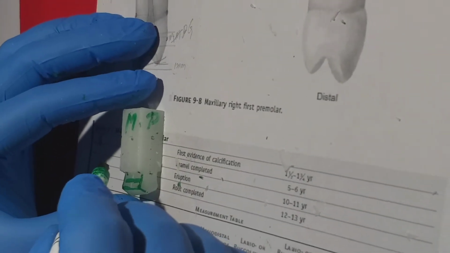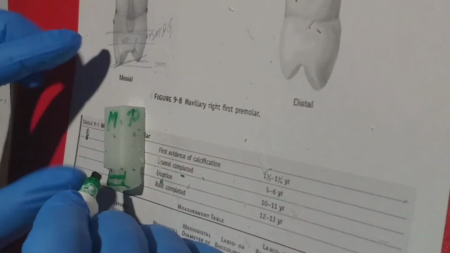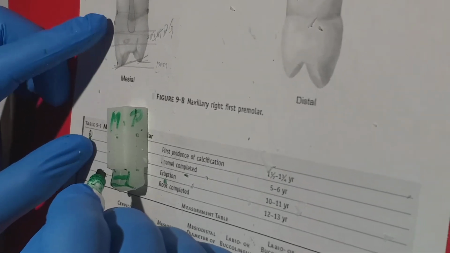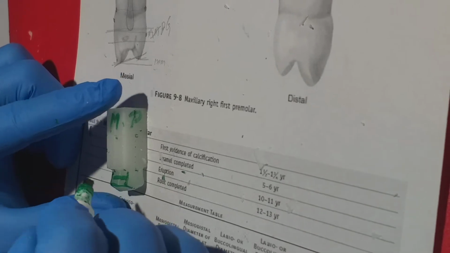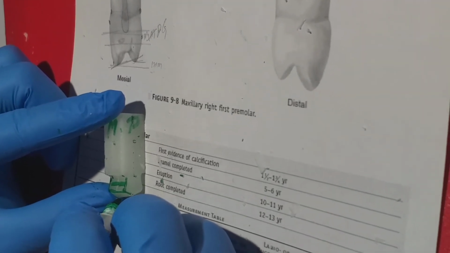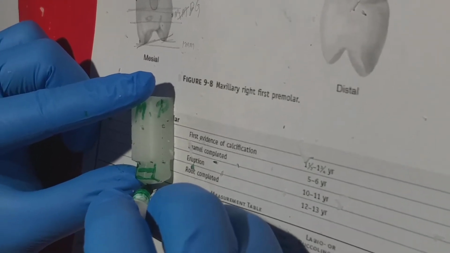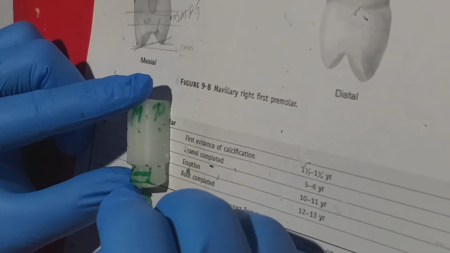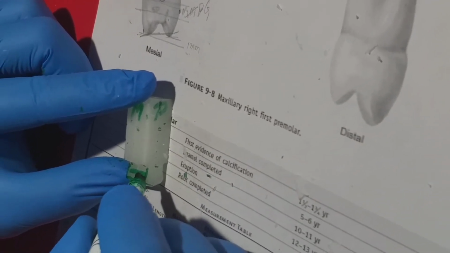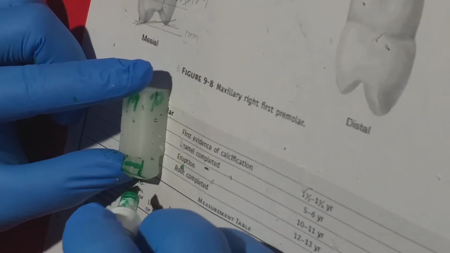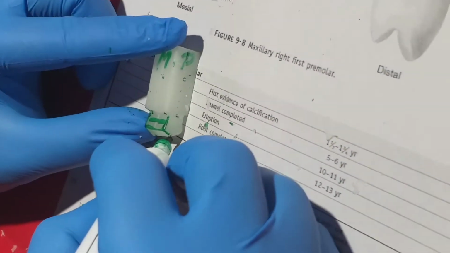Then the crest of contour on the buccal is in the cervical third, so I mark it here, and I take it just inside the buccal one. On the palatal side, the crest of contour is in the middle of the middle third, so I take it just below that.